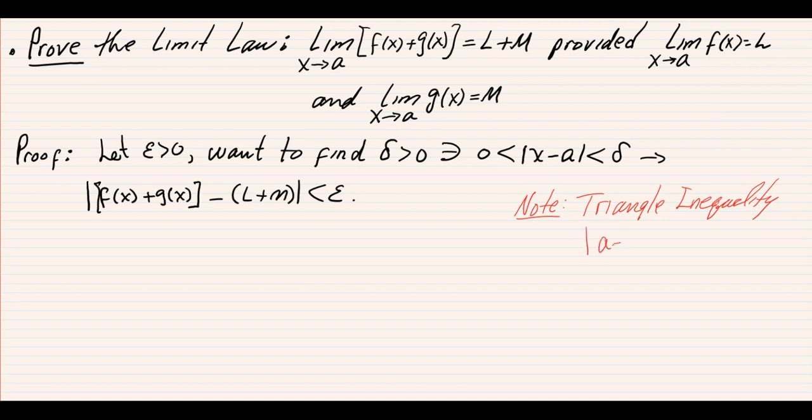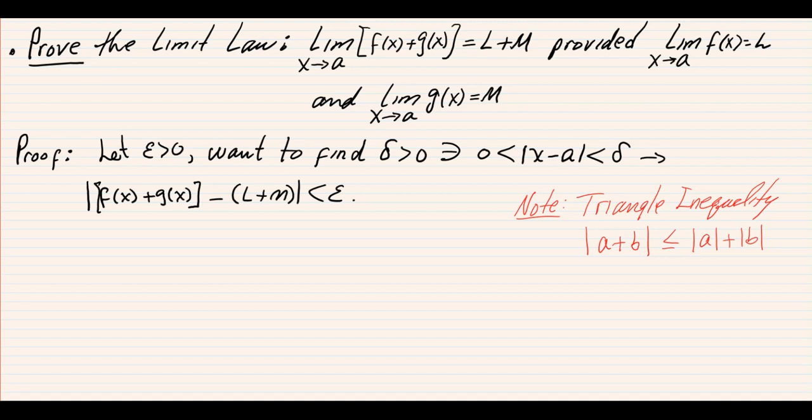The form I'm interested in is: the absolute value of a plus b is less than or equal to the absolute value of a plus the absolute value of b. In general, it gives us an upper estimate for the size of the sum of two numbers in terms of the sizes of the individual numbers.